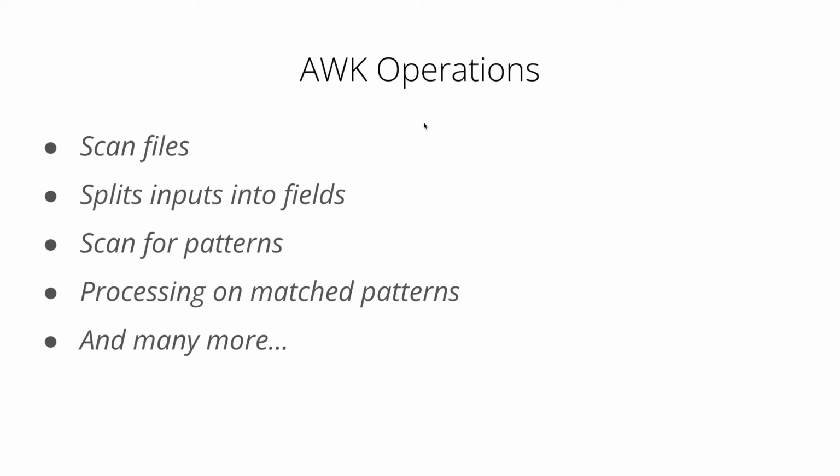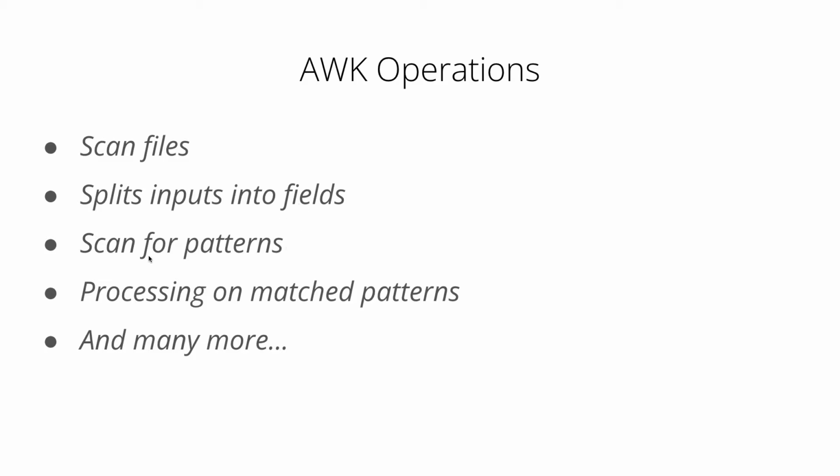Let's see what operations we can perform using the awk command. Awk can be used to scan files. You can scan any type of file line by line, or you can say record wise. We can also split input into fields. For example, if you have a file with multiple columns, then for each column you can split them into fields.